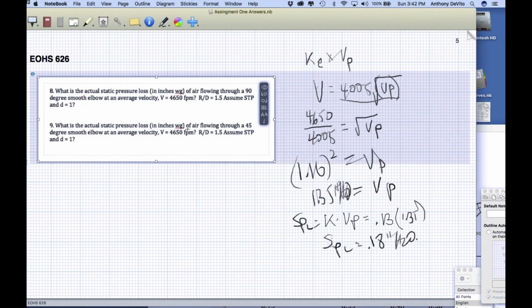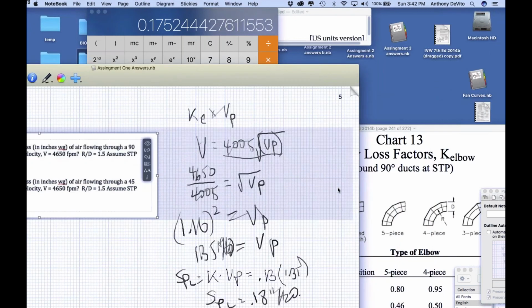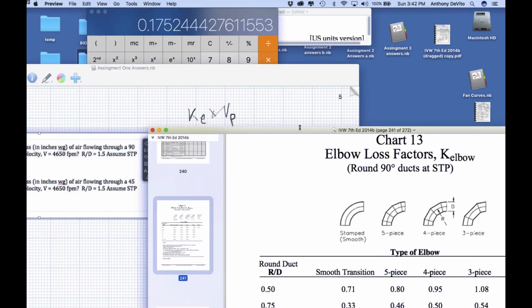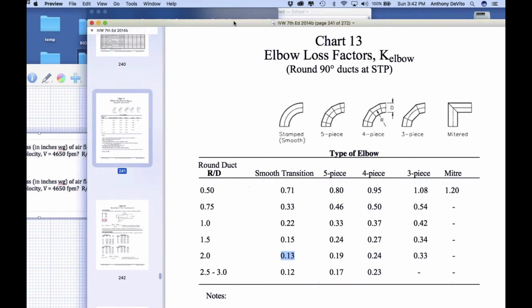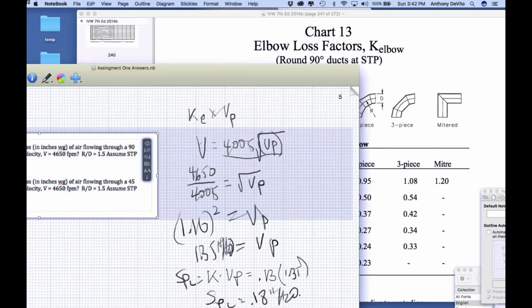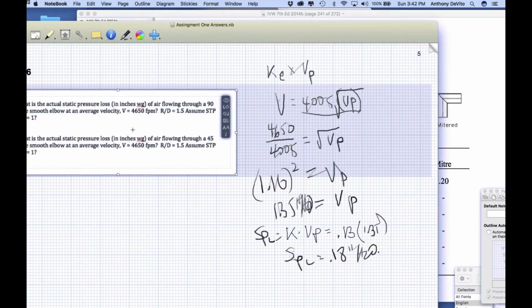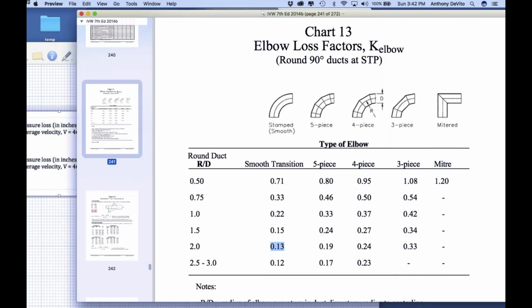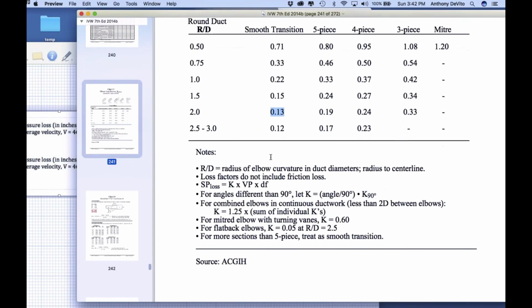what is the actual static pressure loss of air flowing through a 45-degree elbow? Well, let's go back to that chart. Our smooth transition, 0.13. In this case, it's still a smooth transition, but it's no longer 90 degrees. So I think we have a little note here.